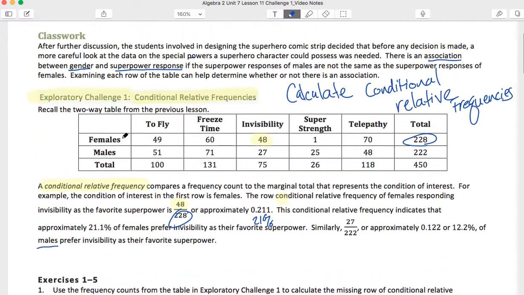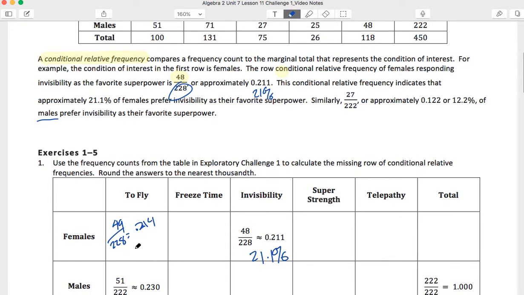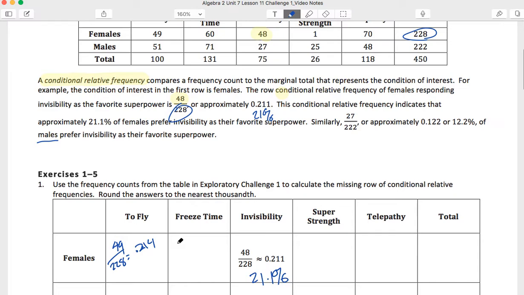All right, to fly. I'm going to take this number, 49 over 228, and that's equal to 0.214. 60 over 228 is going to equal 0.263.